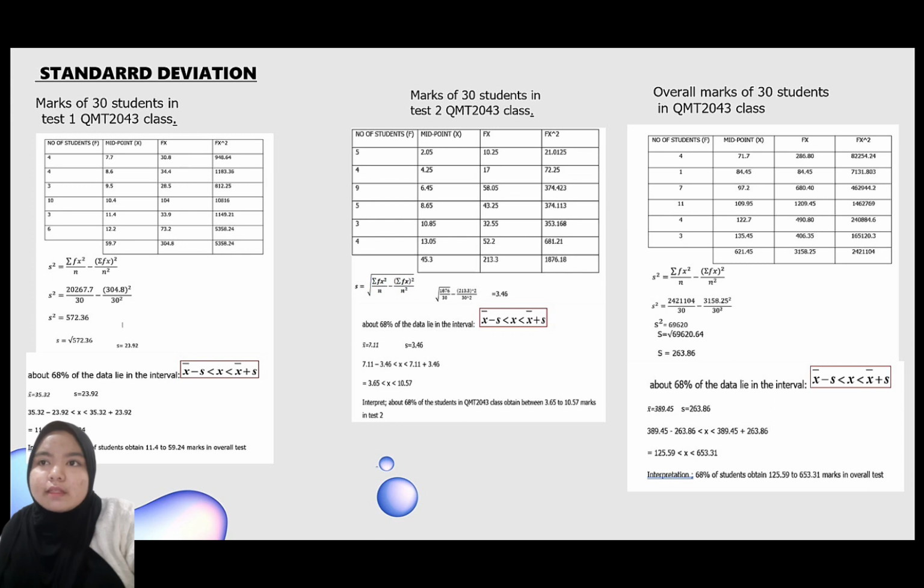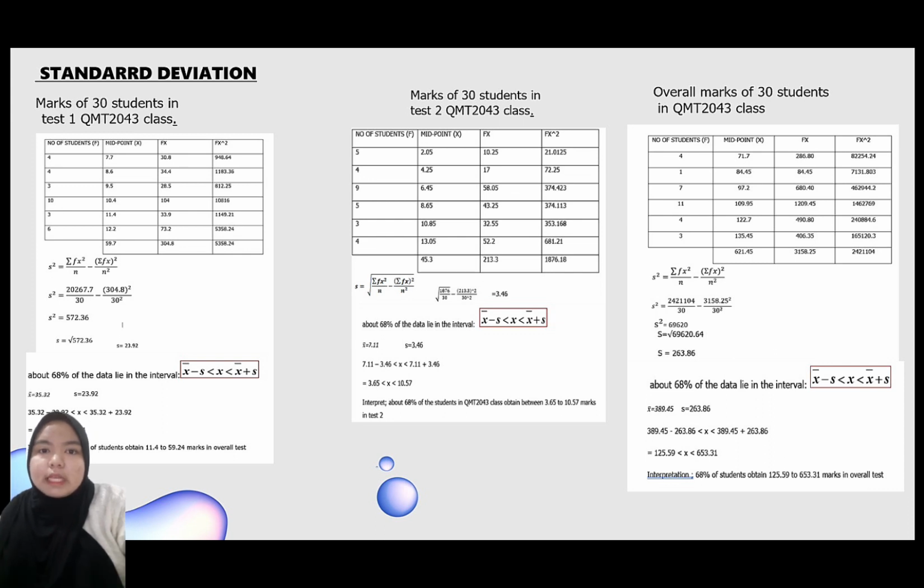For fx, we got 304.8. For fx squared, we got 5358.24. So we insert into the formula, and the answer S is 23.92.